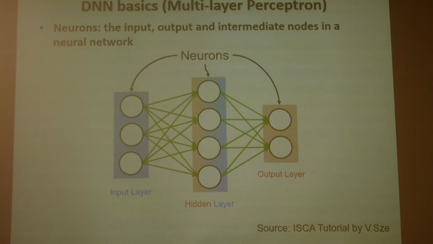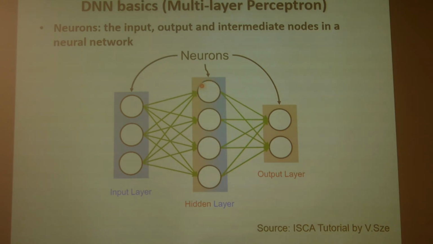So the first is multi-layer perceptron. This is the most simple network. This figure shows the structure of a three-layer MLP network. First, you see that there are some nodes in the network. They are called neurons.